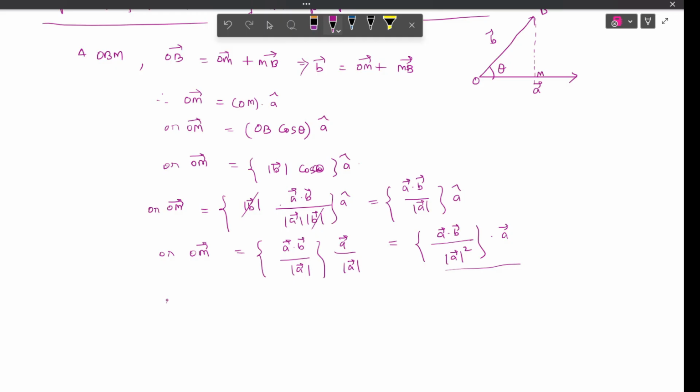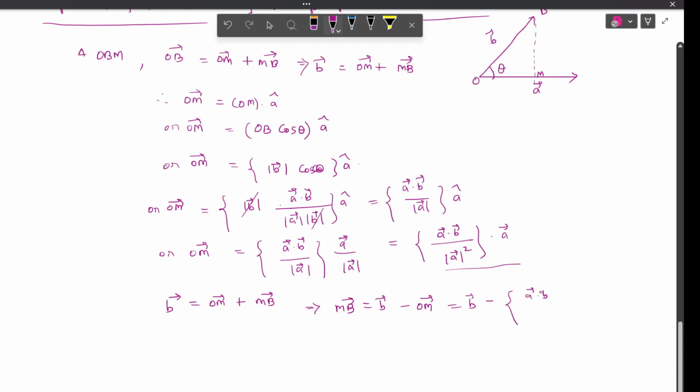Now we say our B vector is OM vector plus MB vector. So MB vector is B vector minus OM vector, that is B vector minus A dot B by modulus of A square into A vector.